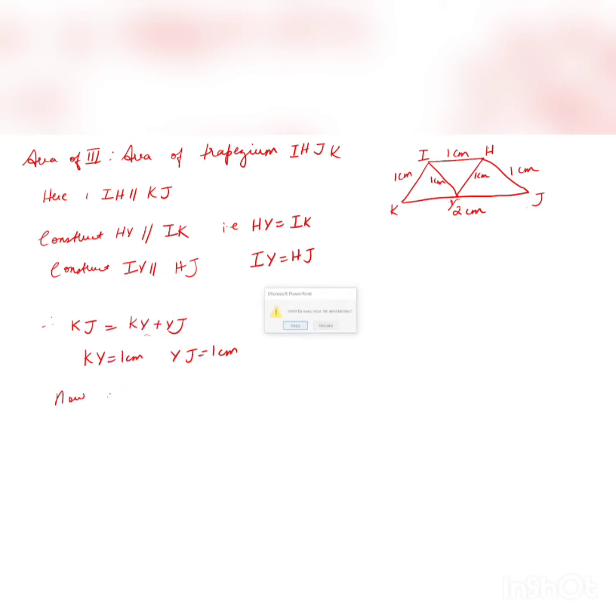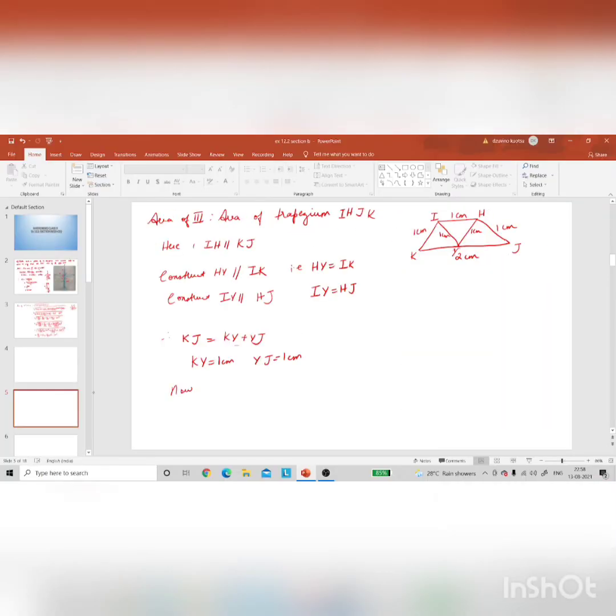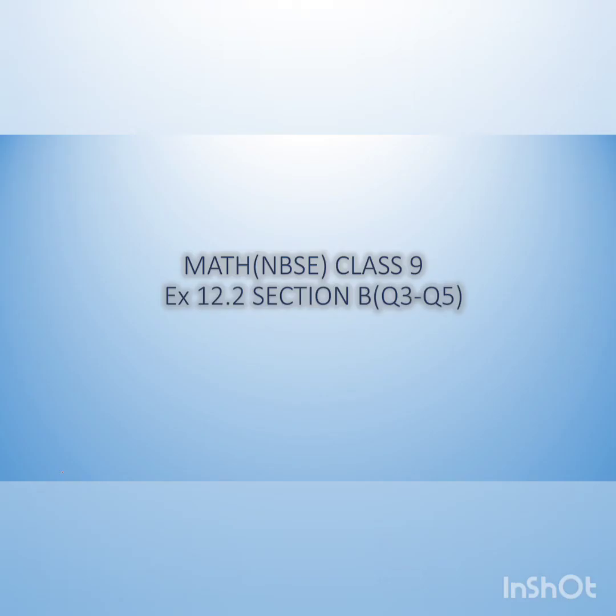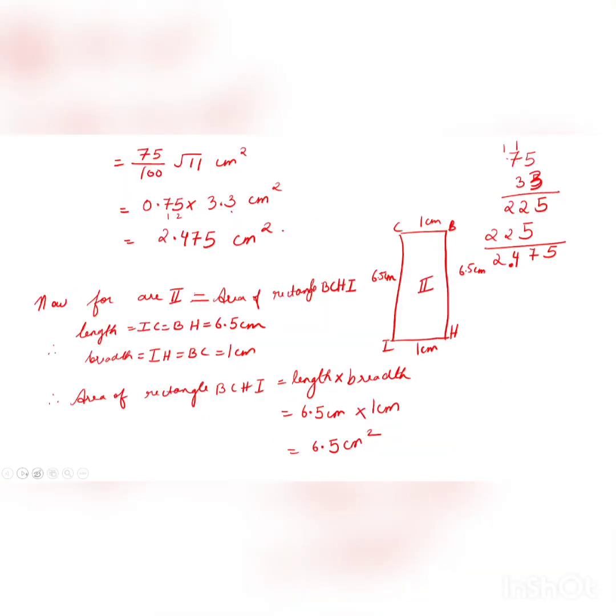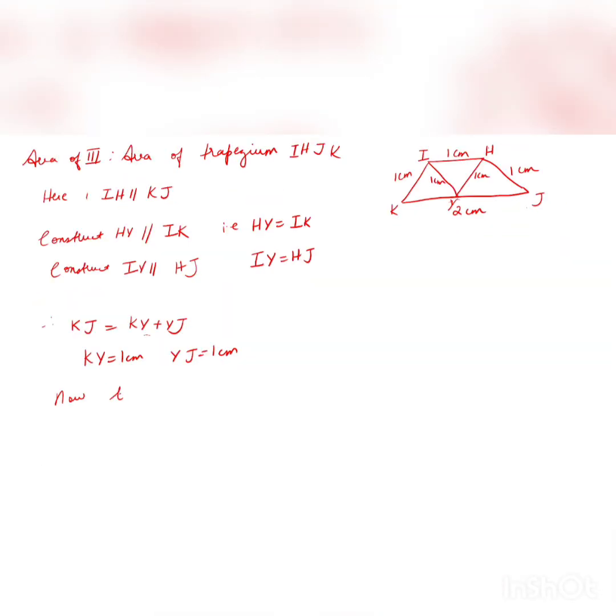Now the triangles formed are triangle HYJ, triangle HIY and triangle IKY.